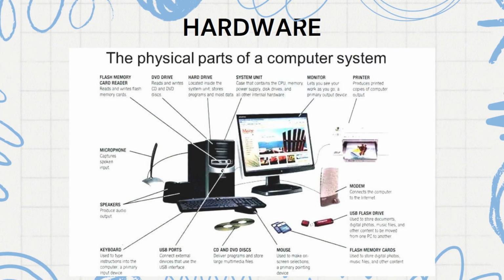Next is computer components. For computer components, we have software and hardware. Hardware is the physical part of a computer system. The first one is the flash memory card reader, whose function is to read or write a flash memory card from the PC.